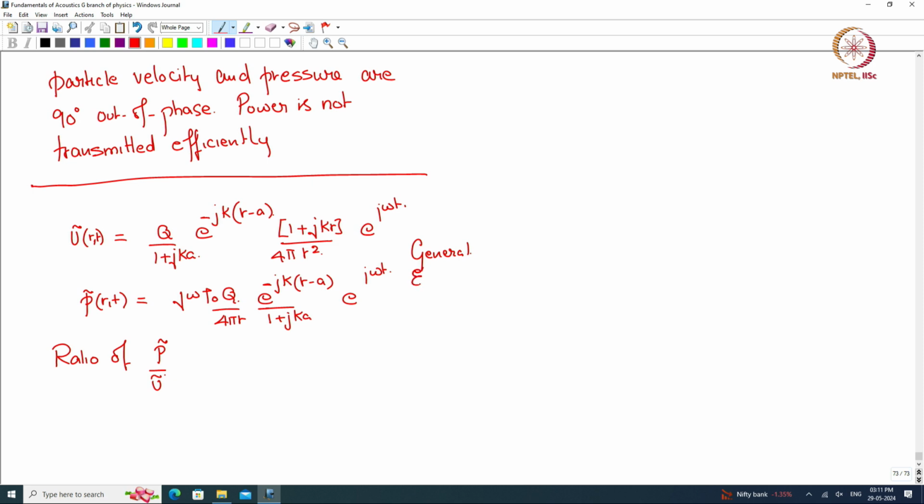The ratio of pressure to particle velocity is the acoustic impedance, which we call Z tilde acoustic. This is another impedance; we have seen the mechanical impedance before.